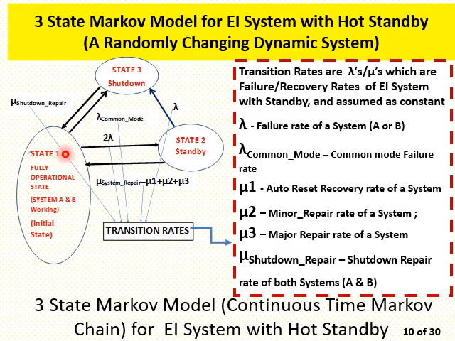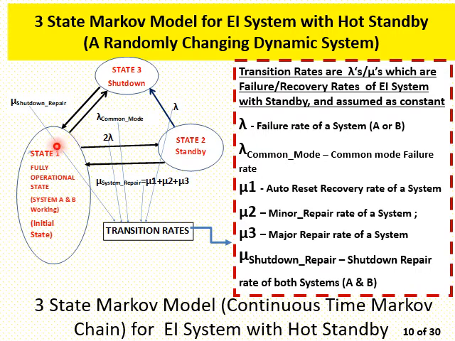In state 1, in the event of a safe detected common mode failure, that is, system A and system B have a common mode failure, there is a transition from state 1 to state 3, shown with the arrow towards state 3 with a transition rate lambda common mode.